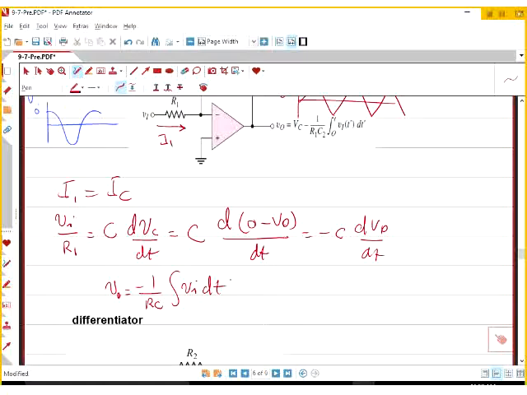Now, if the VI is sine omega t, right? What's the integral of sine omega t? 1 over omega cosine omega t, right? So there is 1 over omega.